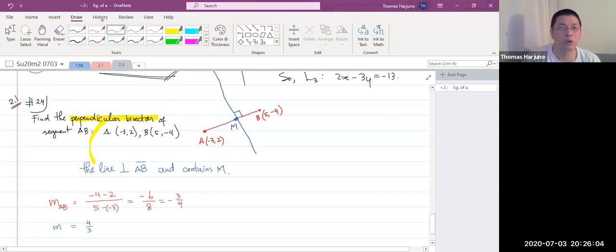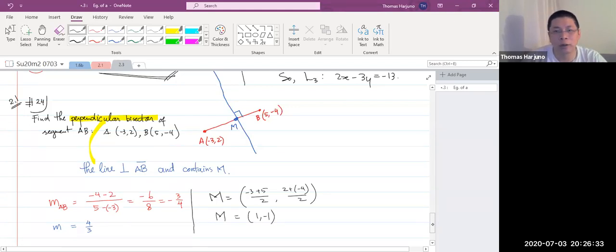Right? That's from the slope point of view. How about the midpoint? The midpoint will be x1 plus x2 over 2 for the x component, y1 plus y2 over 2 for the y component. That's 1 comma negative 1.